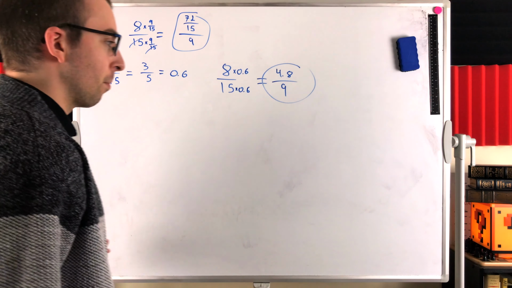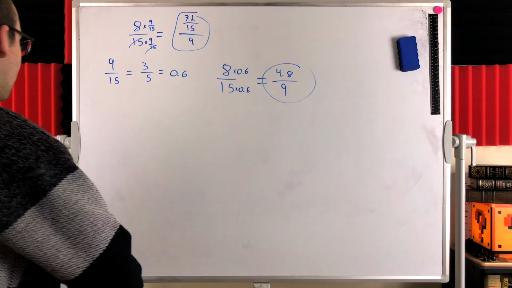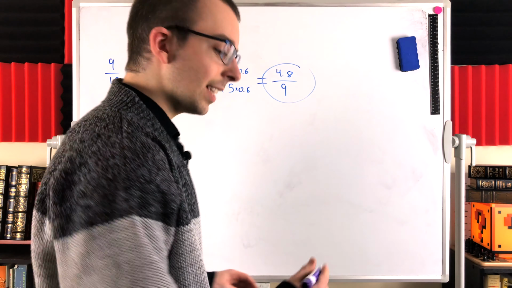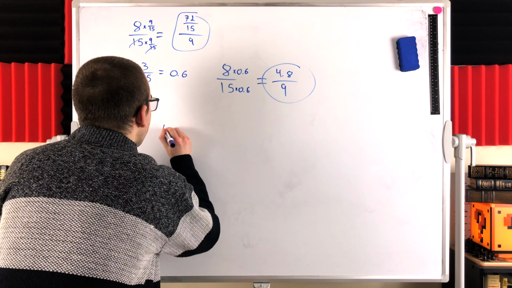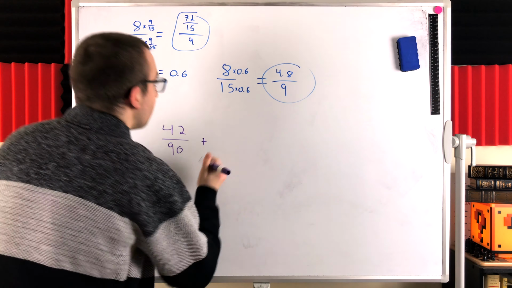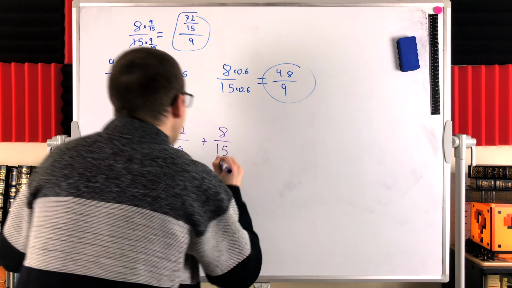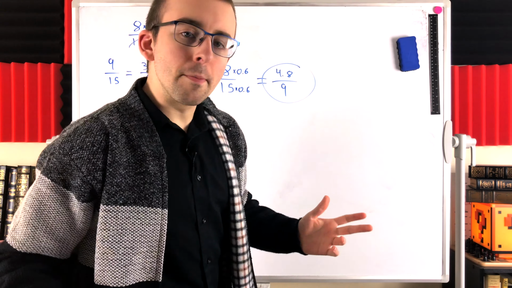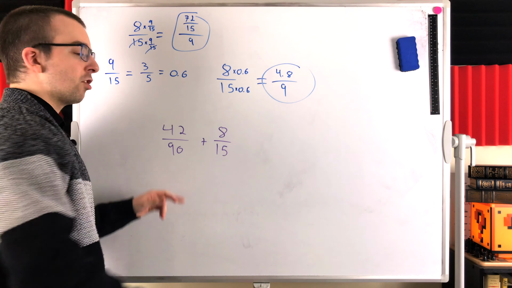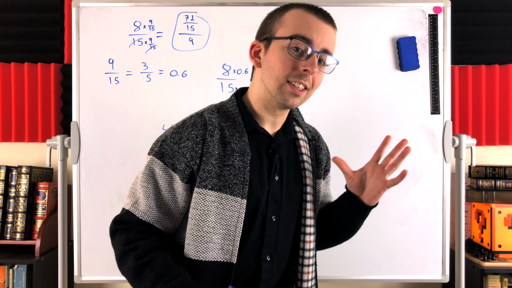We want to get some weird denominators. Here's just an example of a problem where you might use a strategy like this. Suppose we're trying to find a sum. Let's say we're asked to find the sum of 42 over 90 plus this fraction 8 over 15. You might say, I don't even want to mess with trying to find the least common multiple of these two numbers. I just want to get them to a common small denominator.